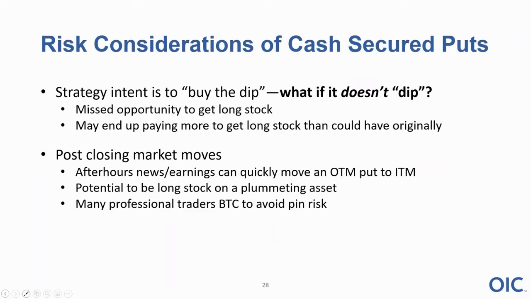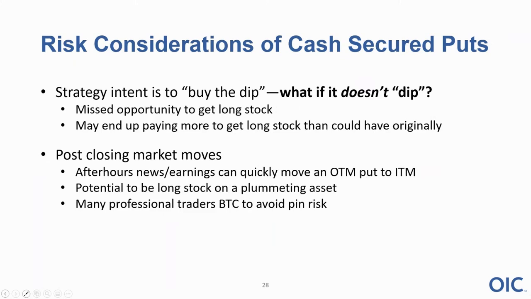So all that leads back to what we were talking about earlier, that these post-market moves can significantly impact your trade. With a short put, for example, you've got the potential to be long stock on a plummeting asset. So therefore, many professional traders look to buy to close.